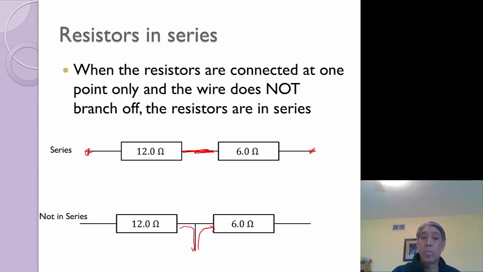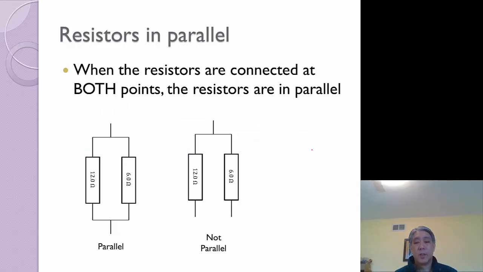Resistors in parallel is the other situation we're going to see. And it's important to realize it's not a geometrical concept. Yes, my resistors are drawn in parallel in the two examples below, but for resistors to be in parallel, they must be connected electrically on both sides. On this side, all I have is a single wire.